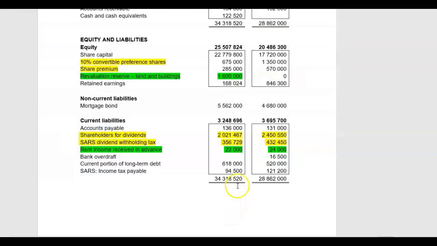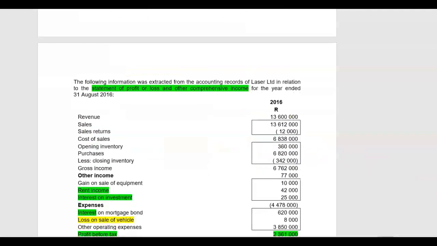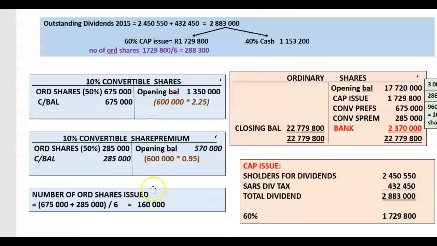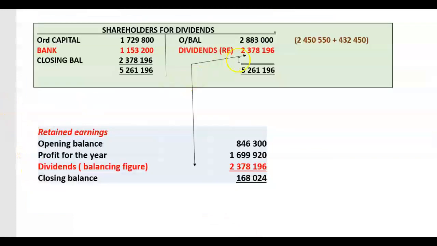Then immediately at the beginning of the year, the capitalization issue took place. And that capitalization issue was the 2,450,550 plus the 432,450 multiplied by 60%. So if we go to our shareholders for dividends account, there's our opening balance, the two of them together, and 60% of that was the capitalization issue.